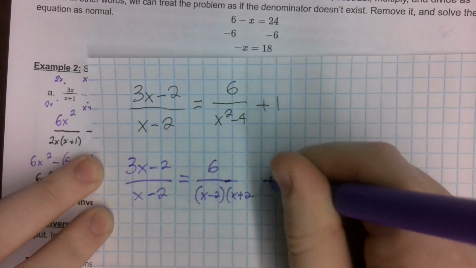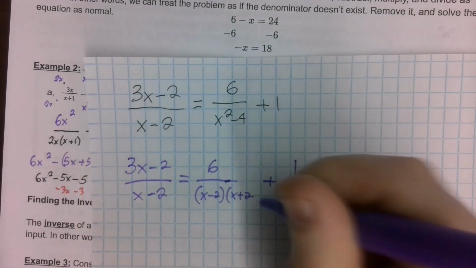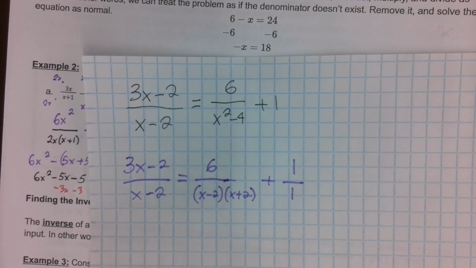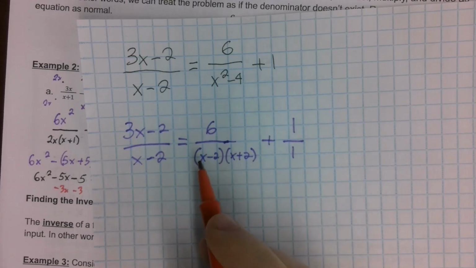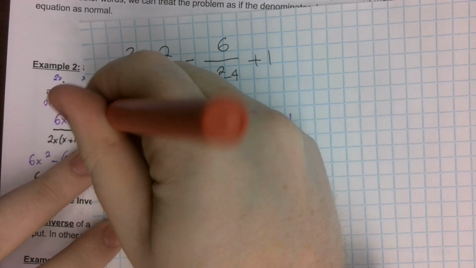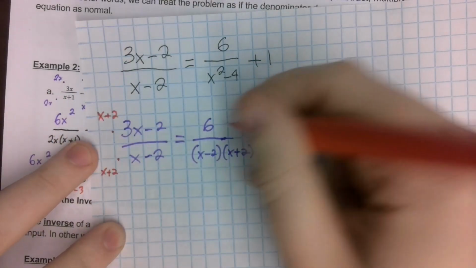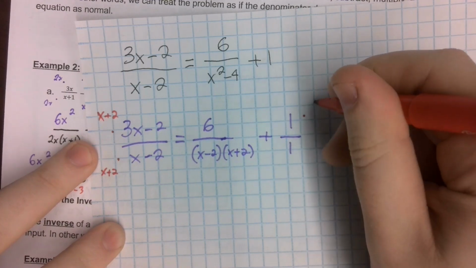What's each denominator lacking? Well, it looks like the least common denominator is x minus 2 times x plus 2. So this one here needs x plus 2 to multiply both of them. This one here doesn't need anything, but this one here needs both x minus 2 and x plus 2. So this is times x minus 2, x plus 2.